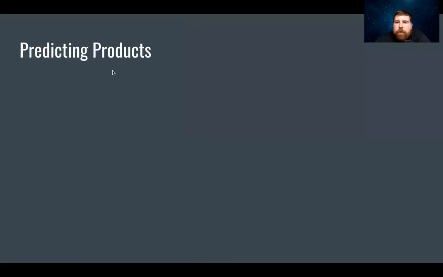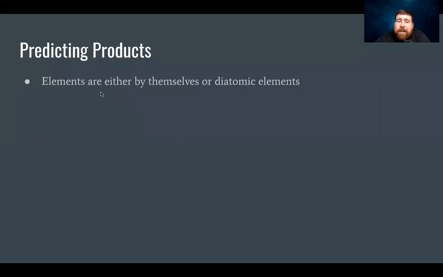So first things first, when we go ahead and try to predict the products, we should know first the type of chemical reaction. I'll go through each one of these specifically as we are predicting products. As we're trying to predict the products, when you have a product by itself that is an element, remember elements are made of one type of atom, it's really only going to be either the element by itself or a diatomic element.